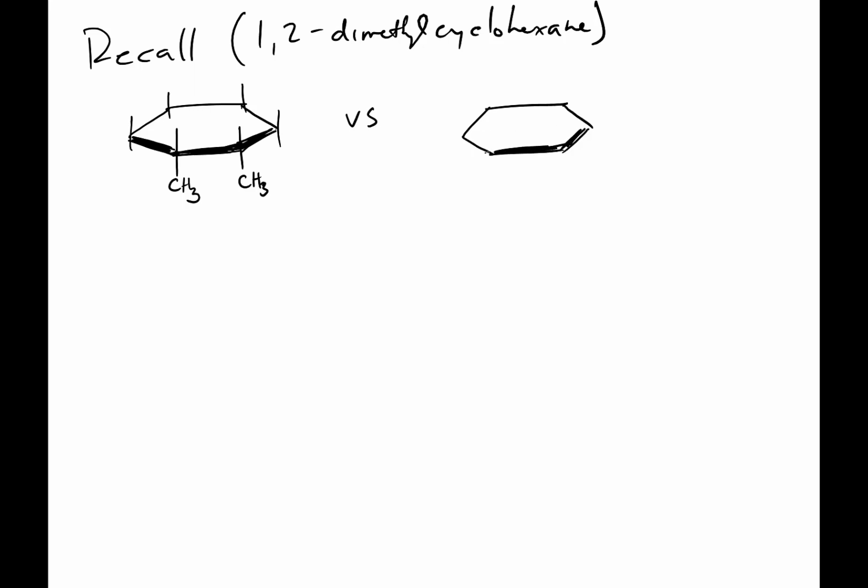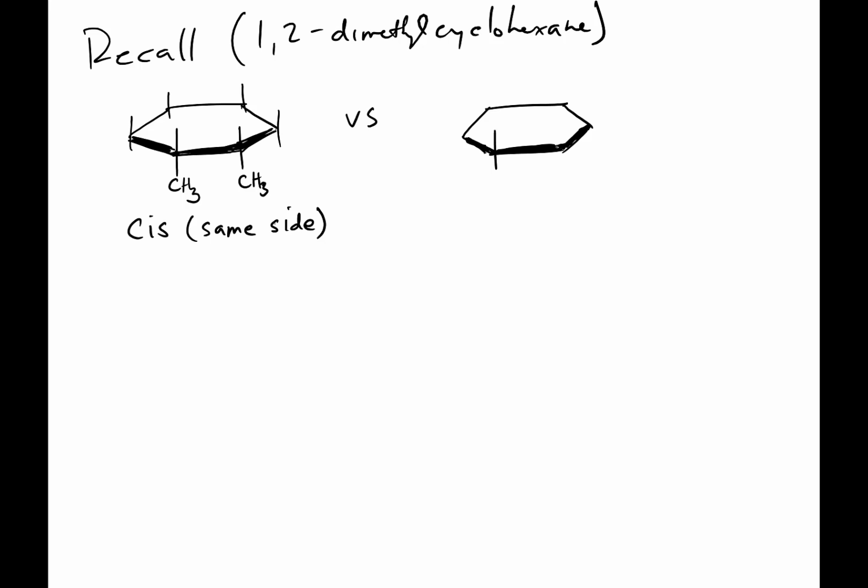Where those CH3 groups, while still on adjacent carbons, are not only on adjacent carbons, but they are on the same side of the ring. These CH3s could also have been above the plane of the ring, but this arrangement is designated as a cis arrangement of CH3 groups because they are on the same side of the plane of the ring.